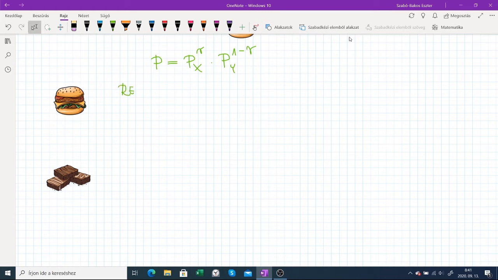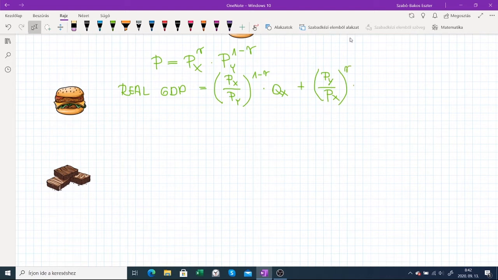Real GDP equals (px over py) raised to power of 1 minus gamma multiplied by qx plus (py over px) raised to power of gamma multiplied by qy.